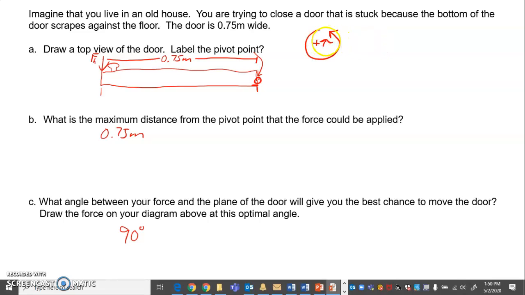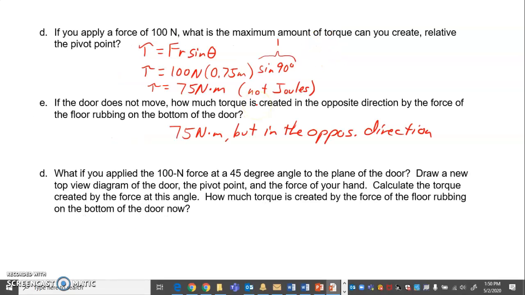Okay, and this is the Greek letter tau for torque, not T, not capital T. And so this downward force is creating a positive torque because that's going to cause the door to rotate in a counterclockwise direction, and that's what we call positive. And so the torque created by our force was positive, and this one is going to be negative. So, opposite direction. I've already taken care of that with the sign now.